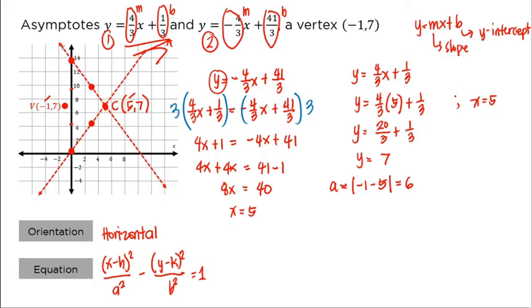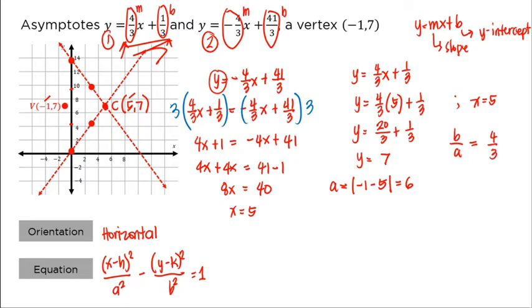Now, to solve for b, take note that the slope of the asymptote for horizontal hyperbola is just b over a, right? And since the slope here is 4 thirds, so I can have b over a equal to 4 thirds, right?